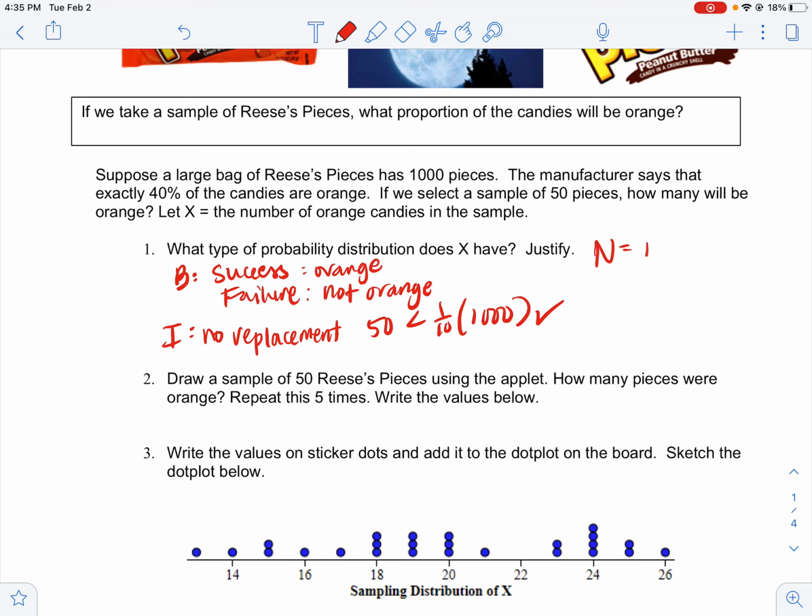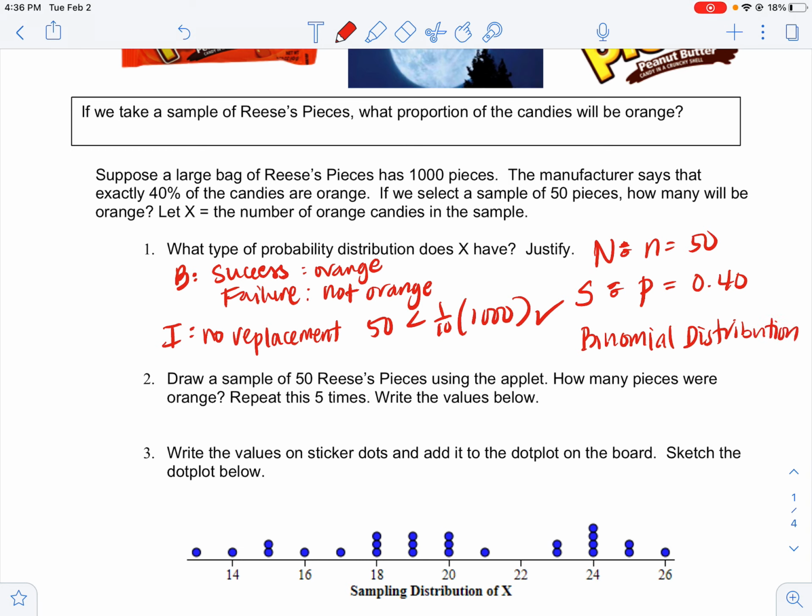Our N is 50. Our S is the probability of success, which is 0.40, the probability of getting an orange candy. So because it passes B, I, N, and S, this is a binomial distribution.